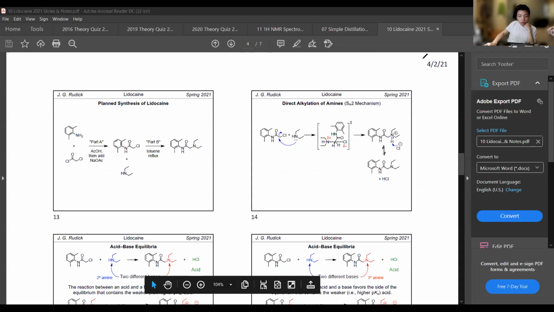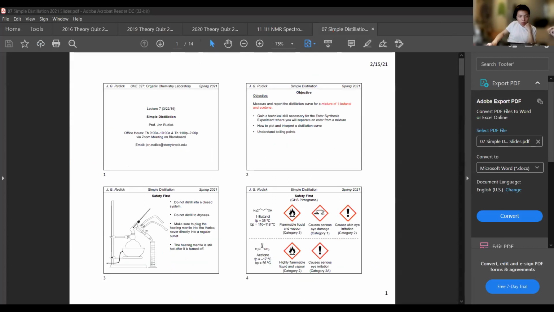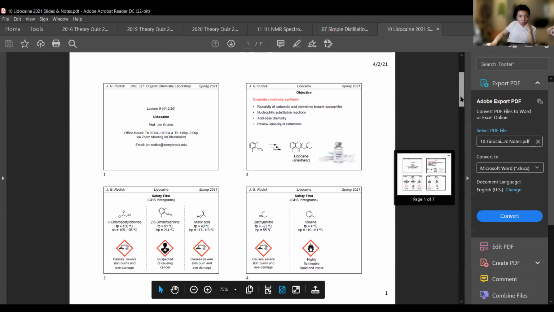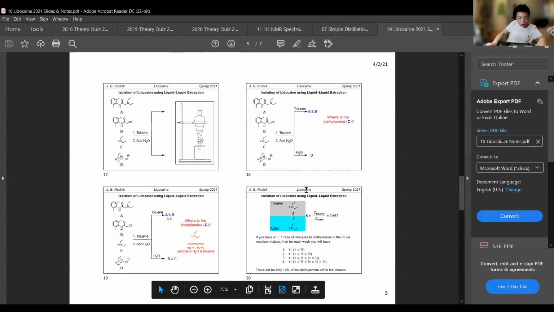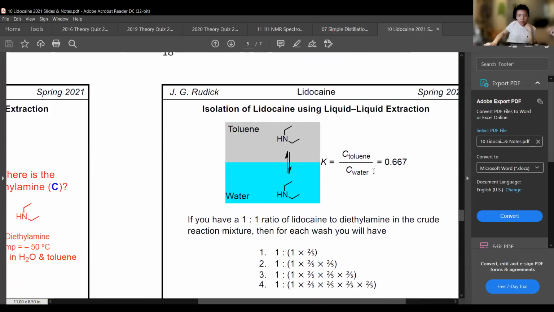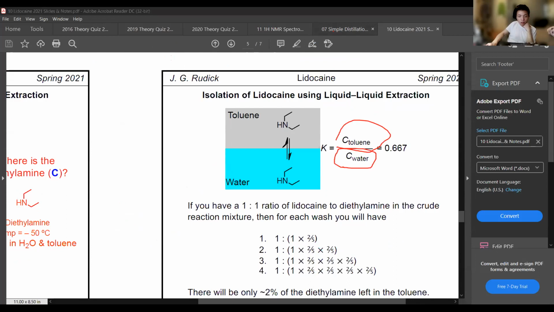So for this one, it was in the lecture notes that diethylamine can participate in both toluene and water. So that's why you need multiple washes to continue to extract diethylamine out of toluene.